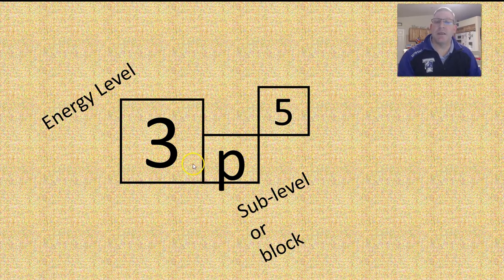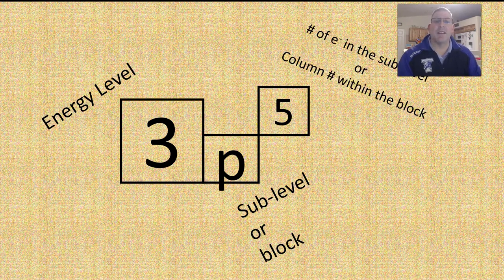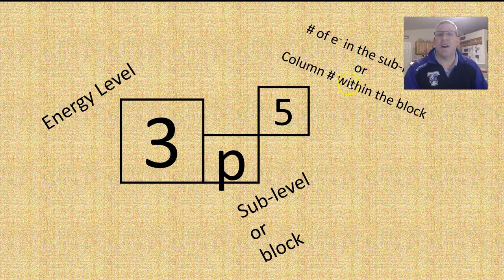The next would be the number that is in a superscript position, or a position in the upper right portion. And that can either be found by the number of electrons in that sublevel or based upon the column number within the block of the periodic table. I will teach you 2 methods in order to find the electron configuration, and these are representative of the 2 methods. Go ahead and pause the tape and write this down in your notes.